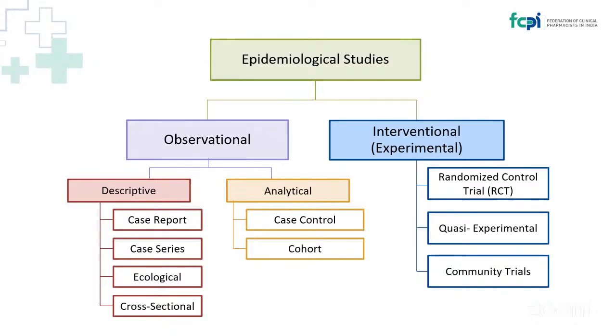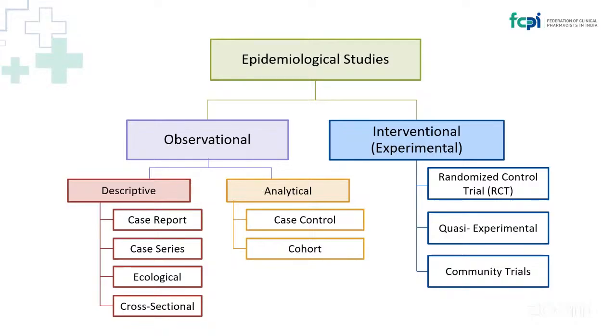The randomized control trial is widely used for establishing any new drug, and it is classified into four phases of a clinical trial. In a randomized control trial, the investigator will introduce the investigational drug or any investigational device that they need to analyze, and the patients will be randomly assigned.